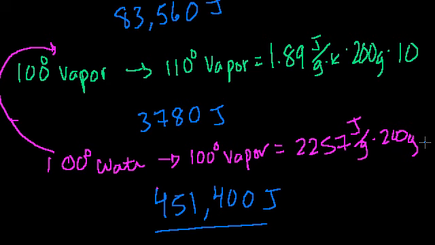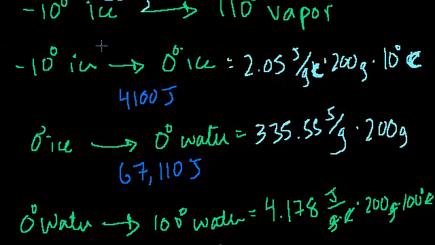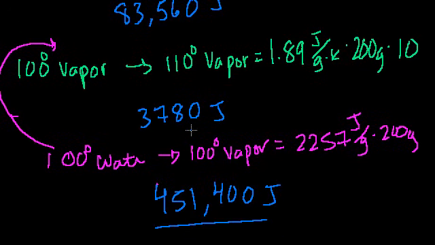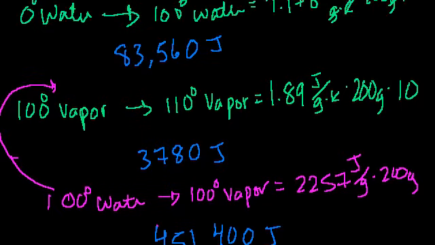So to know the total amount of energy, the total amount of heat that we had to put in the system to go from minus 10-degree ice all the way to 110-degree vapor, we just add up all of the energies we had to do for all of these steps. So let's see. And I'll do them in order this time.